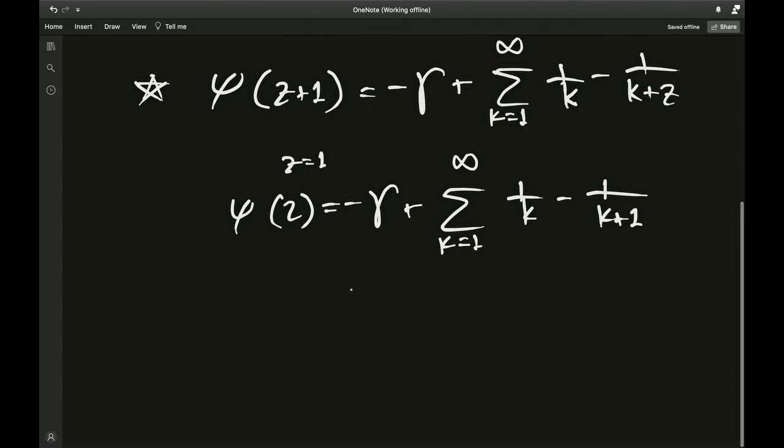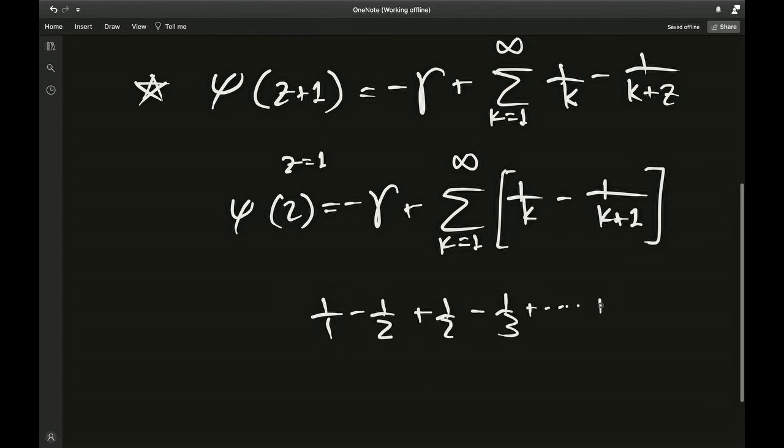And then if you write some terms of this infinite series over here, so 1 over 1 minus 1 over 2 plus 1 over 2 minus 1 over 3, going till basically negative 1 over k plus 1. Since it's an infinite sum, take the limit as k goes to infinity.